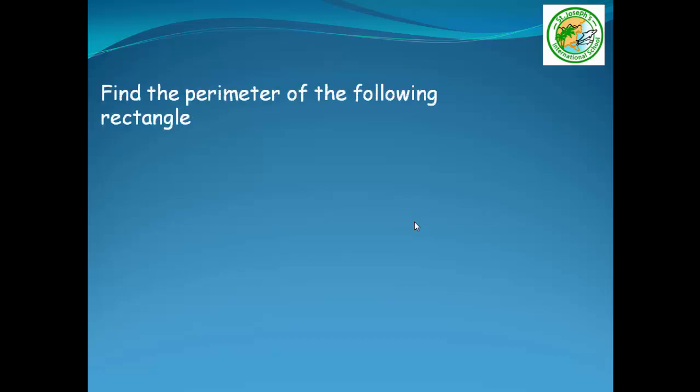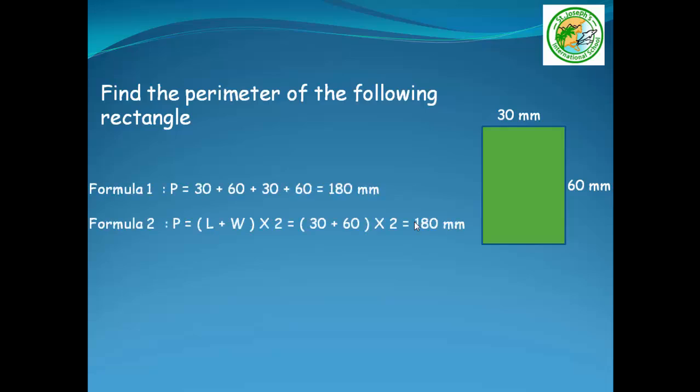Another one, find the perimeter of the following rectangle. Its length equals 30 millimeters and width equals 60 millimeters. To get the perimeter using two formulas, formula 1 using addition.